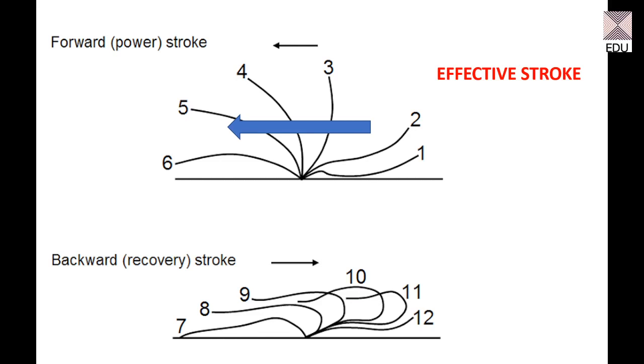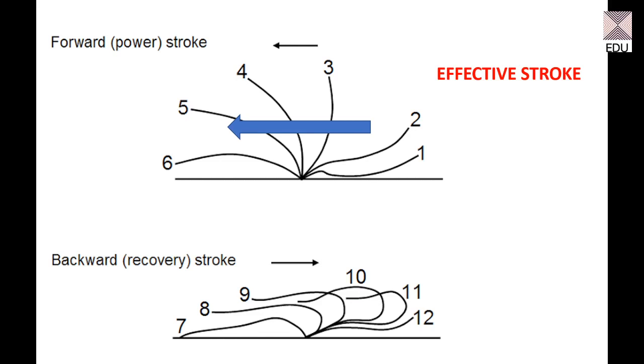As the cilium goes up to the number 6 position, in the second stroke it comes back to its original position. One thing to be very clear about in this power stroke, the first diagram, is that while the cilium is going from 1 to position 6, it is quite stiff, it is hard, and it is forcing the water towards the left side.